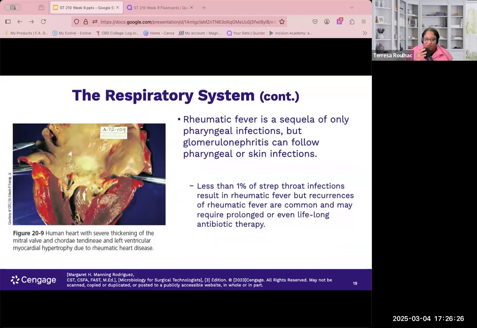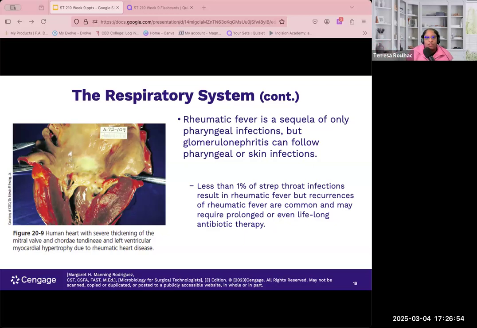Talking about rheumatic fever, it is a complication that can arise from strep throat. Remember, I just mentioned how it can spread, but it only follows pharyngeal infections. It can lead to permanent heart valve damage, and that's why you have the picture of a heart valve on there. Sometimes requiring heart valve replacement surgery. So then cardio will be involved if it gets this bad.